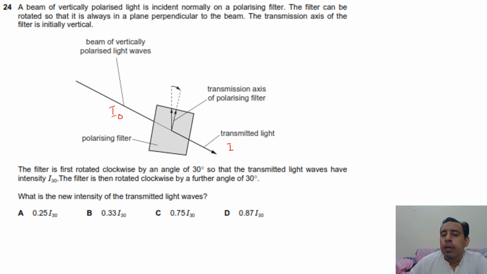I30 is equal to I naught cos square of 30.